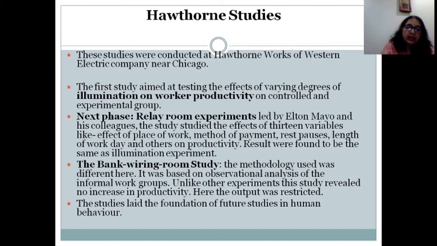So why was that? This was because they were working in small groups, and the dynamics of group was coming into play. So the workers were under social pressure from the other members of the organization that if they increase the output, the management would give them more and more targets. So that is why they restricted the output, and others followed suit, just because of the fear of social ostracism and name calling by other members.